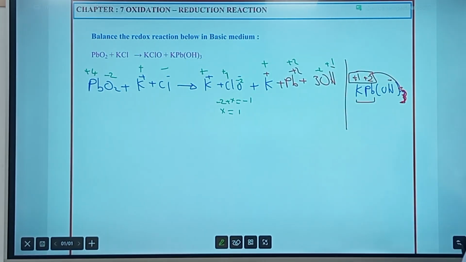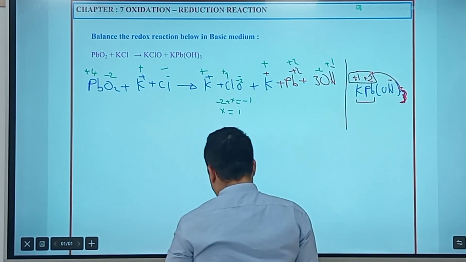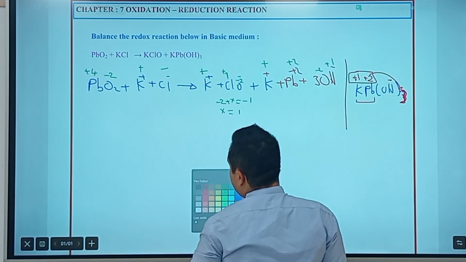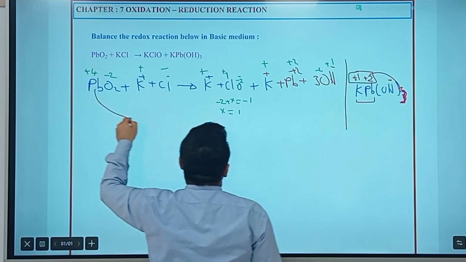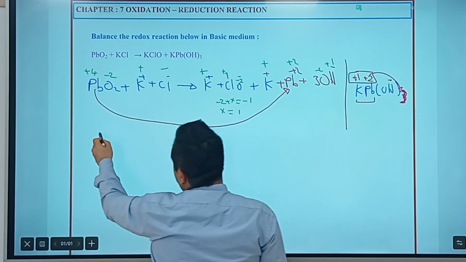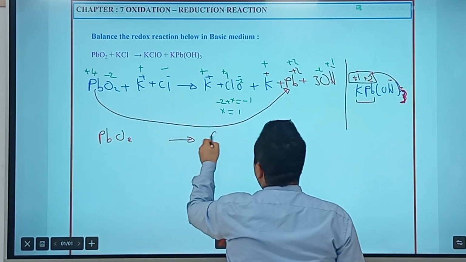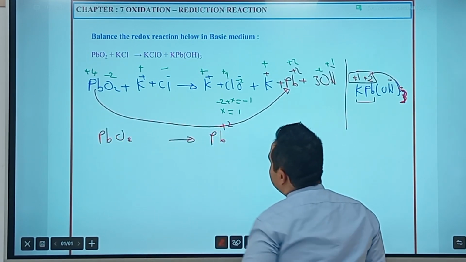So what are the oxidation and reduction species? As you can see in this case, guys, Pb from 4 is reduced to Pb positive 2. So PbO2 goes to form Pb positive 2 in the product.